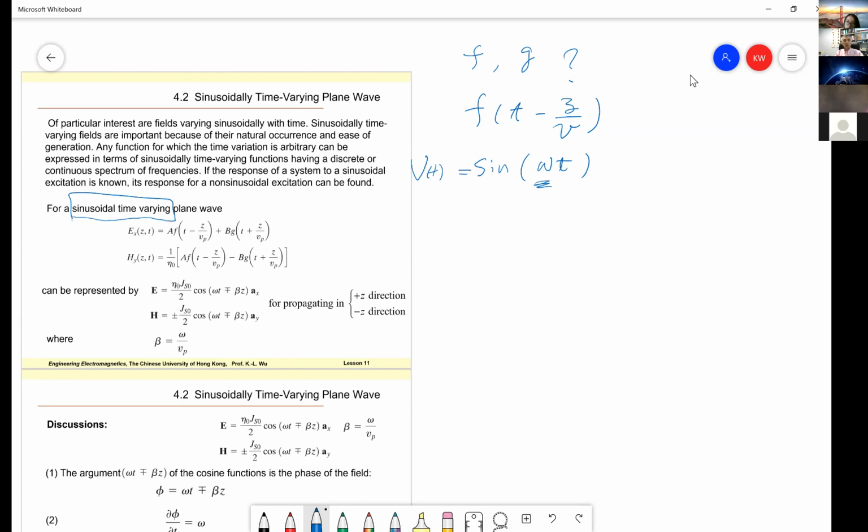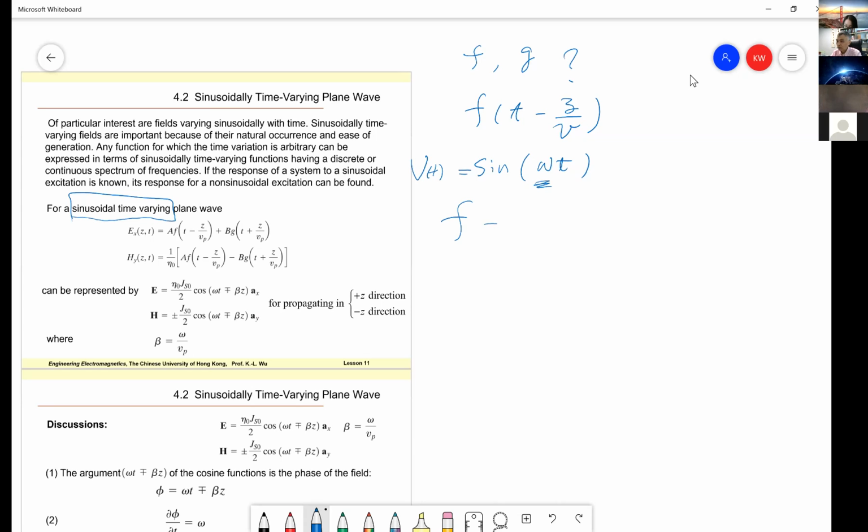Sinusoidal waves are also very easy to generate, because it rotates uniformly along the angular direction. So that is a sinusoidal wave. When we focus on a signal that changes with time sinusoidally, we can represent f in terms of a sinusoidal function.